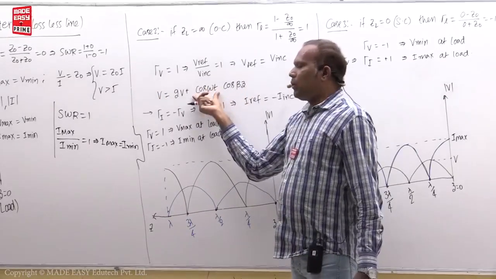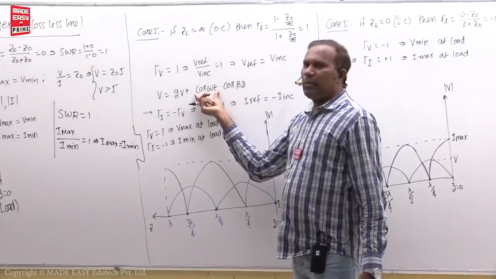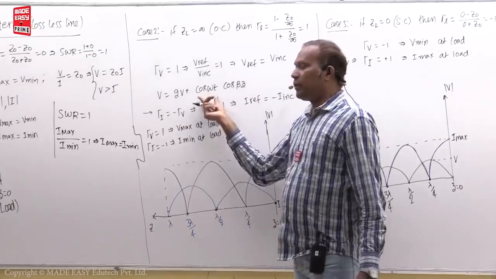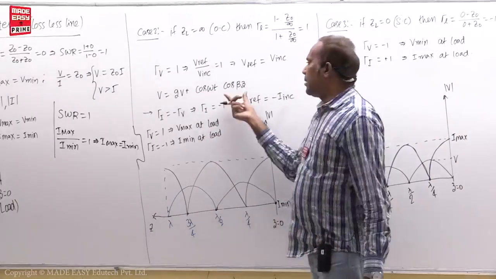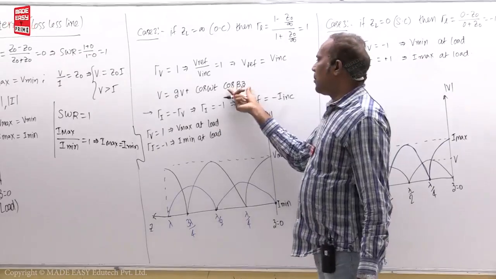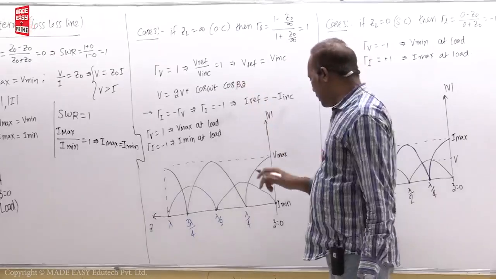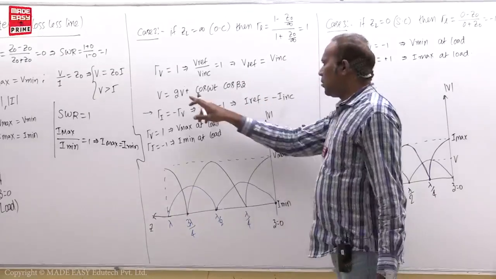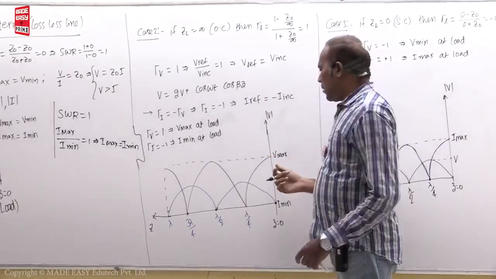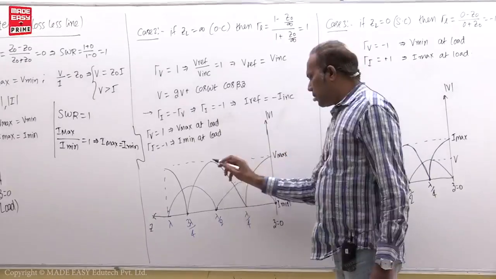So at a particular time you observe, for example, t is equal to T by 4, this becomes 1. Already we have discussed in the last chapter. Then the cos beta z waveform, when z is equal to 0, it will have maximum value. You can see when z is equal to 0, voltage will have maximum value, and in this way the waveform comes.